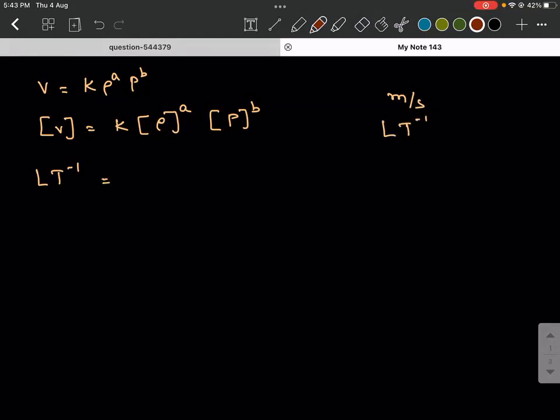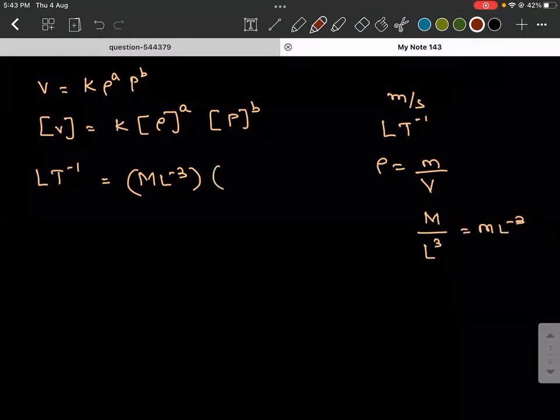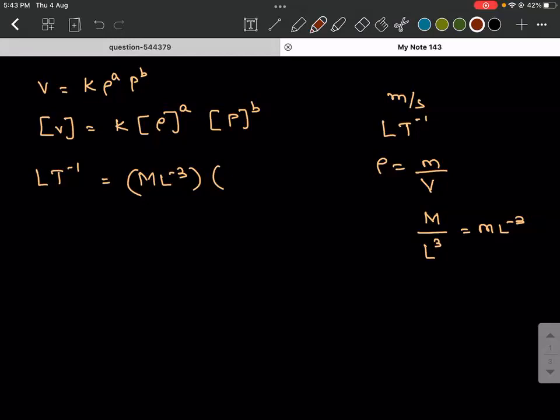So LT minus 1 is equal to, what is the formula for density? Mass by volume, right? So mass is M, volume is measured in L cube. So M divided by L cube, or ML minus 3, into, how is pressure measured?